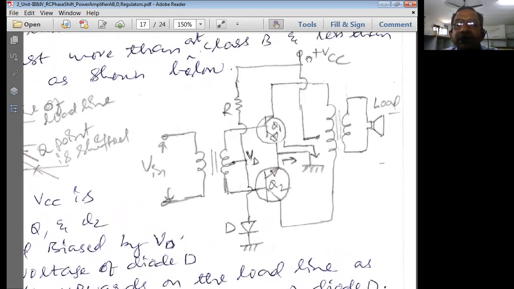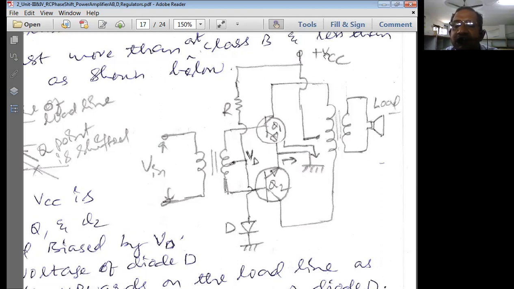See this now, this is the power supply to the amplifier circuit. Normally we are going to have a DC current flowing from VCC through R. Then diode D is going to turn on if the input voltage applied is more than 0.7 volts. Definitely VCC is going to be more than 0.7 volts.